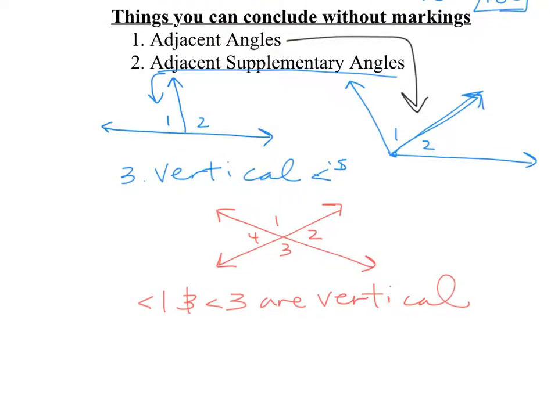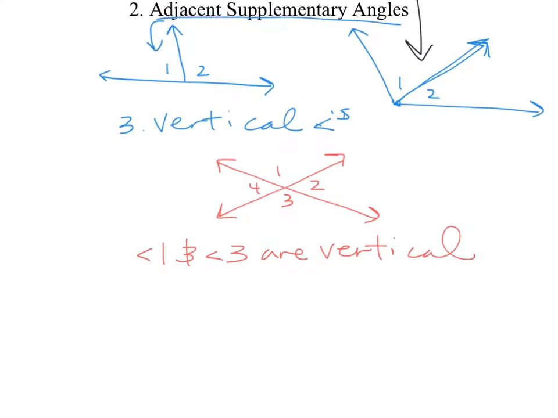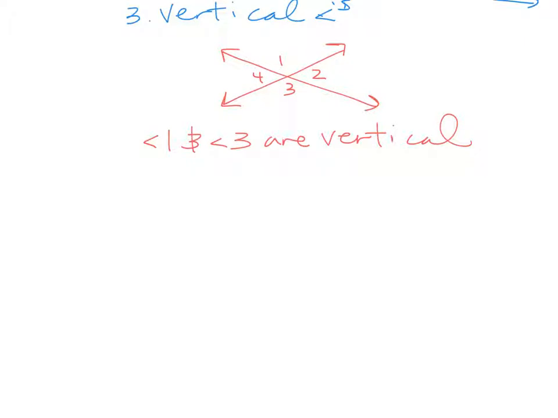Okay, so if that's the case, here's your last example, and then I'll give you some time to work. I'm going to draw you a picture. And you're going to tell us everything that you know in this picture based on those three things that I just gave you.